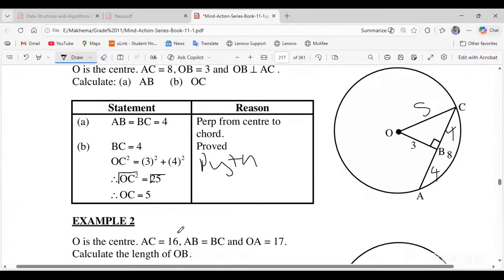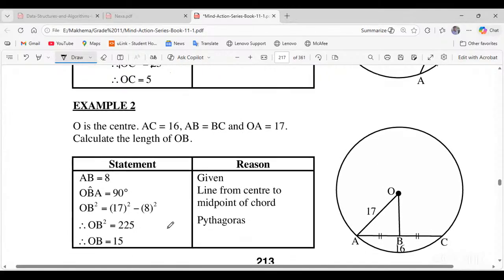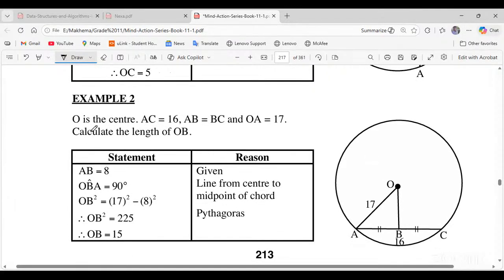Okay, just like that. Now, let's go to example 2 here. O is the center of this circle, and then AC is equal to 16. Okay, AC is 16. AB is equal to BC. Now, since we are given that AB is equal to this, we can divide this 16 by 2, such that this will be 8 and this will be 8.